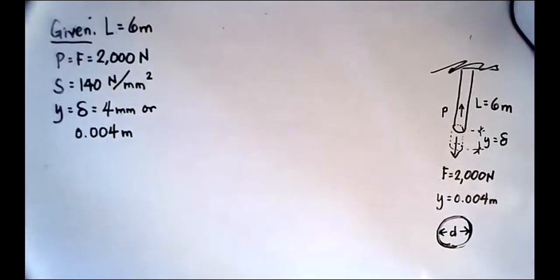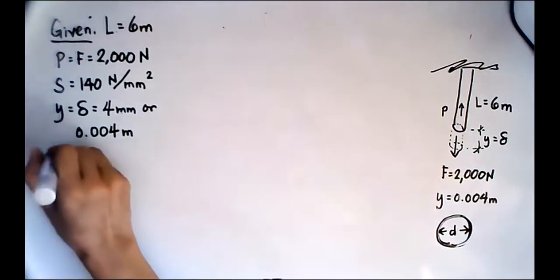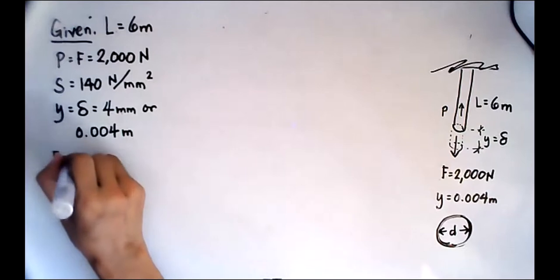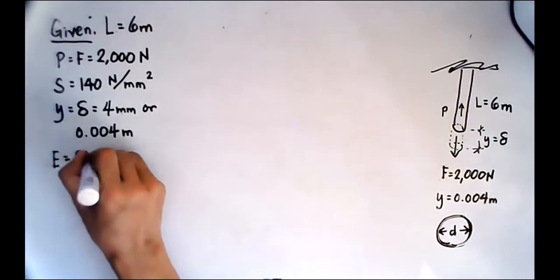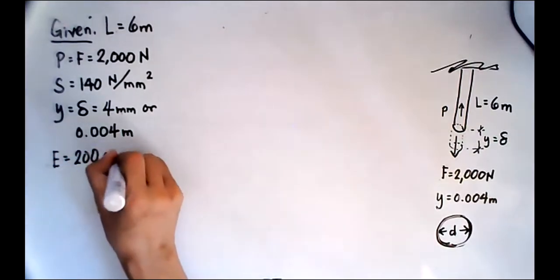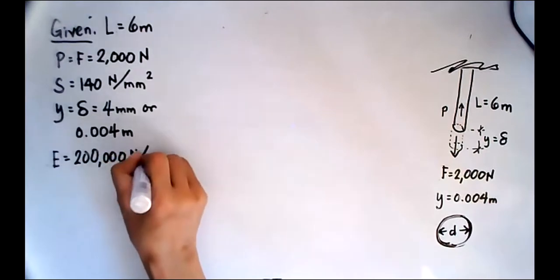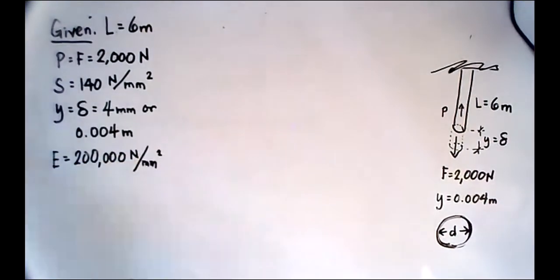Yeah, 4 mm divided by 1,000, that's 0.004 meters. And we are given the modulus of elasticity, which is assumed to be 200,000 Newton per millimeter squared, or megapascal. Okay, so those are the different given data to us.